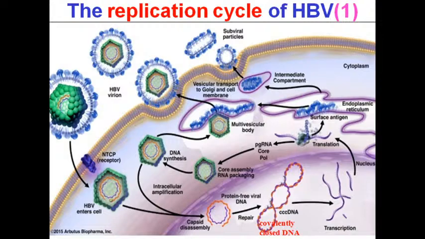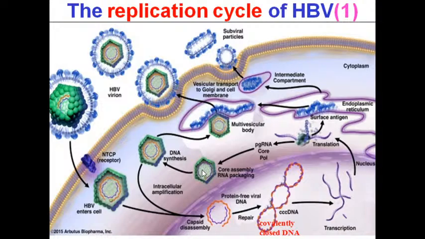Then assembly of the nucleocapsids with the pre-genomic RNA and the polymerase inside, and then the pre-genomic RNA is used as a template for the polymerase to produce minus sense DNA.